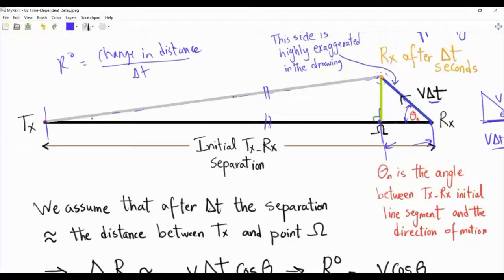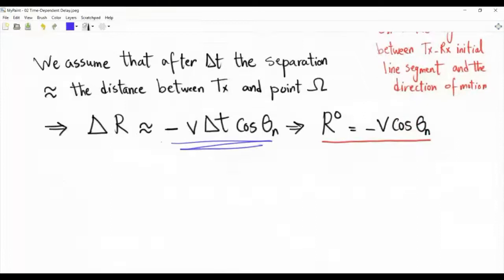Of course I could have done it the other way. But here in my case I will write minus v delta t cosine theta n. Okay, and it's approximate to avoid the use of the cosine rule, which will give you the square root of something.